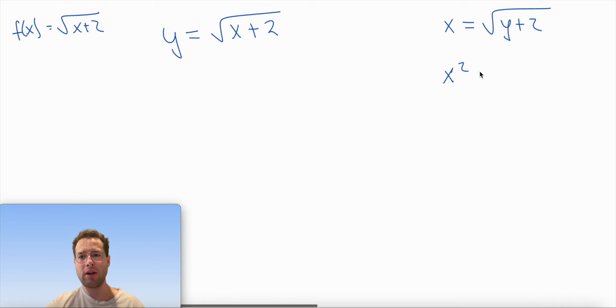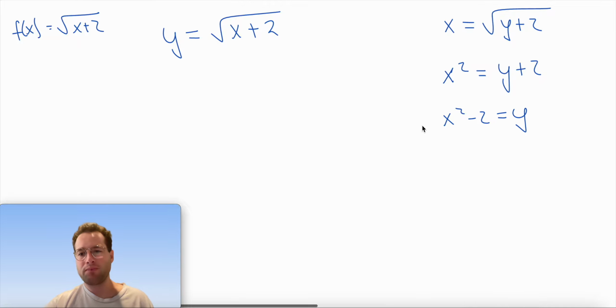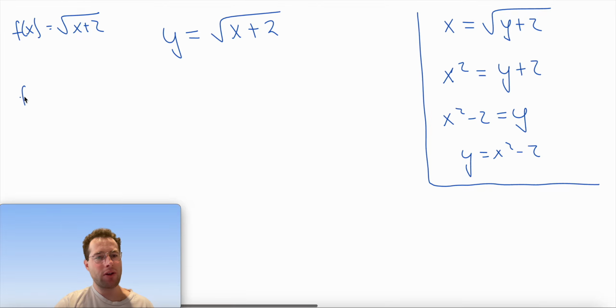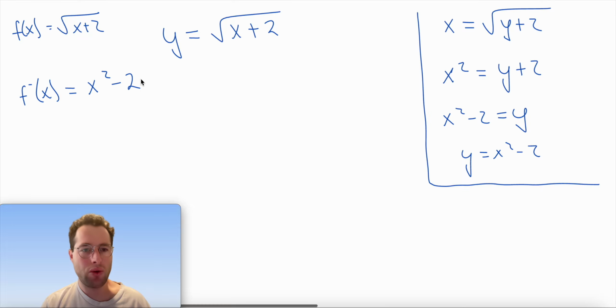So x squared equals y plus 2. x squared minus 2 equals y. And then I'm going to write this as y equals x squared minus 2, and keep this off to the side here. So our inverse function, f inverse of x, equals x squared minus 2.